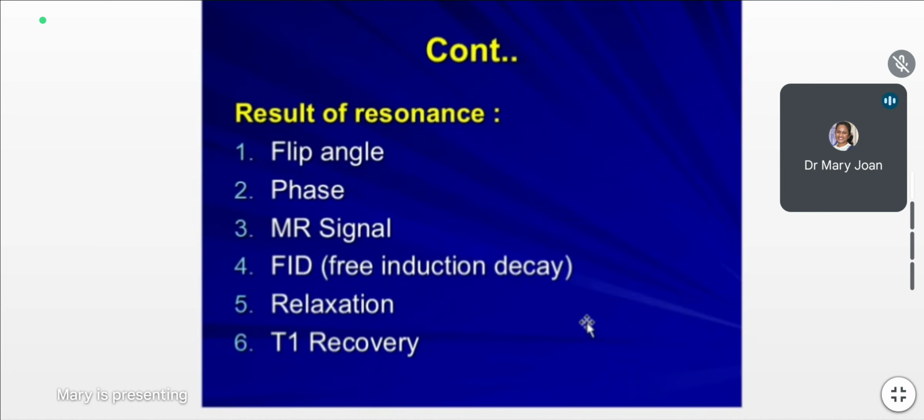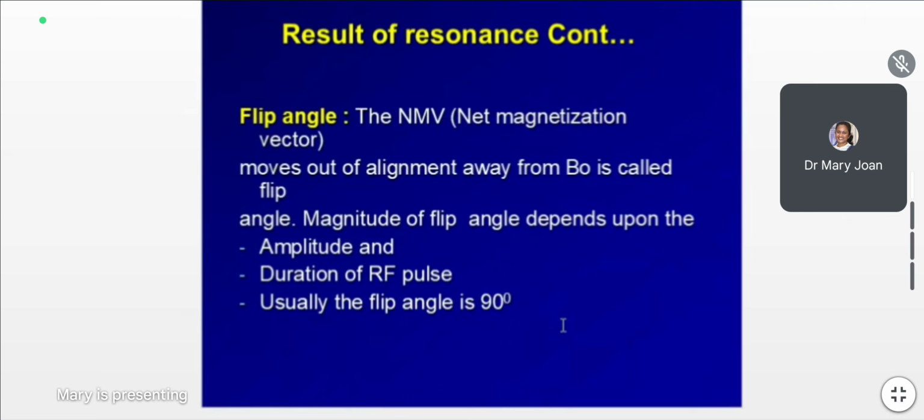The results of resonance are flip angle, phase, MR signal, free induction decay, abbreviated as FID, and relaxation, that is, T1 recovery. Flip angle: the NMV moves out of alignment away from B0, and this is called the flip angle.